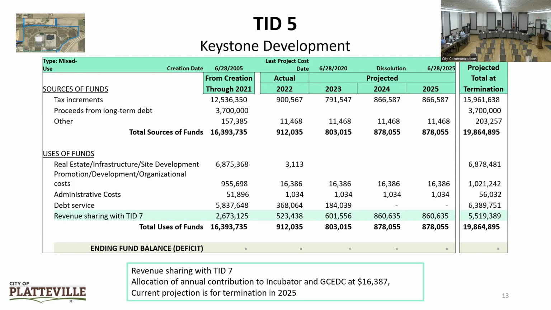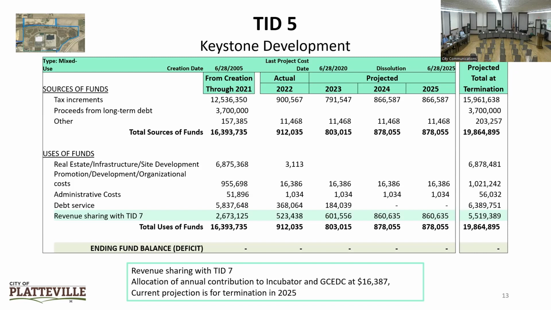Promotion, development, organizational costs are the incubator and the Grant County Economic Development costs, which are shared between the three TIFs. A little bit of administrative costs, and then the big cost in the TIF is the debt service, $368,064. Before we get to the highlighted row, those costs are the standard costs for TIF 5.